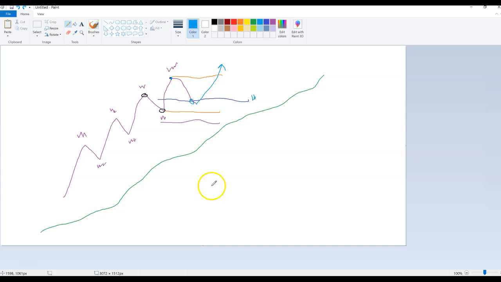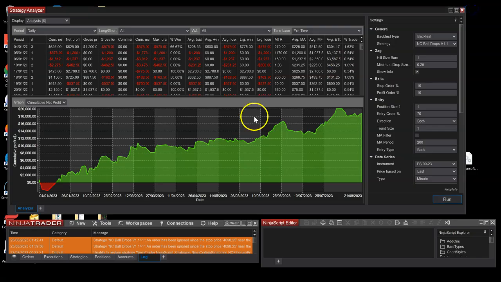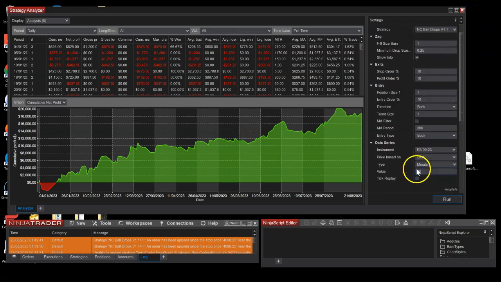Sometimes it is, sometimes it's not. But it's not like this in the perfect world. Now, for the short, this is called the trend continuation pattern. So the entry type is trend continuation.